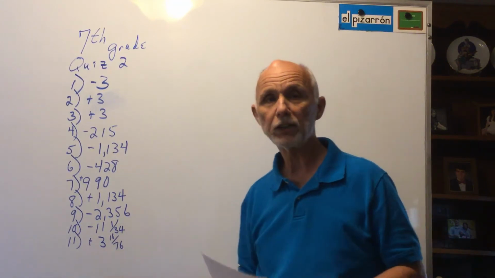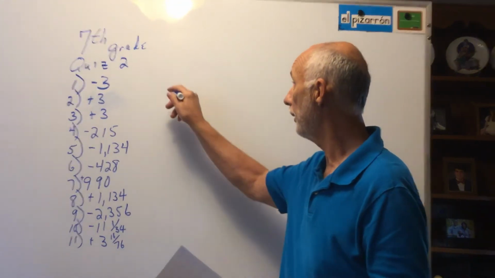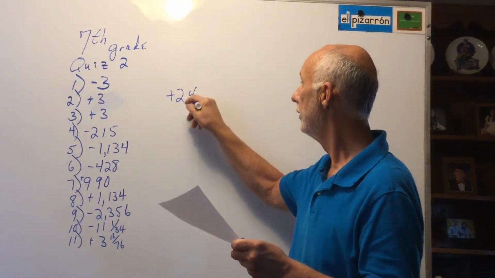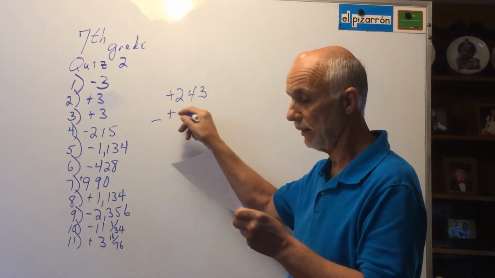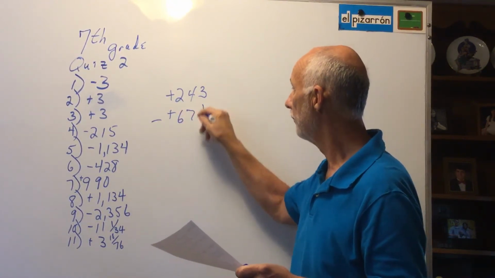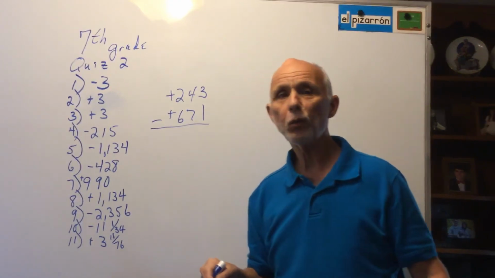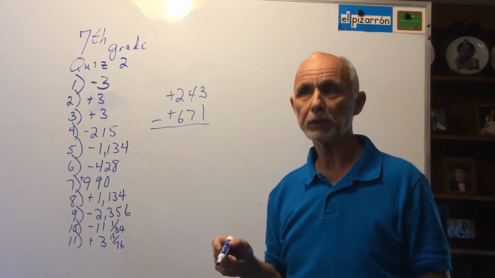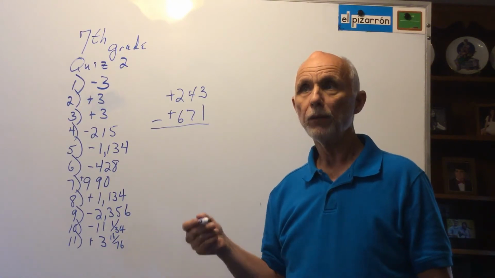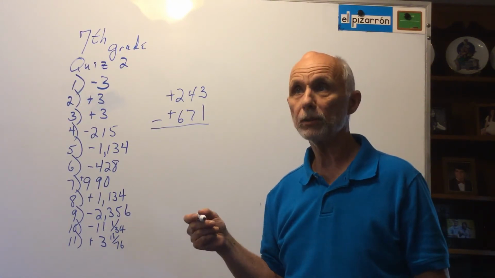Then we go to subtraction, which is what you had the most difficulty with. It says a positive 243 minus a positive 671. Now again, here's why most people have trouble with subtraction, because they don't want to follow the rule. The rule for subtraction is don't subtract.